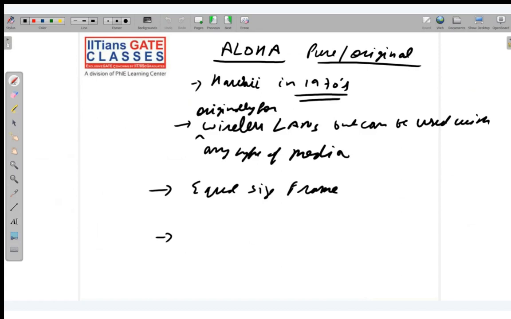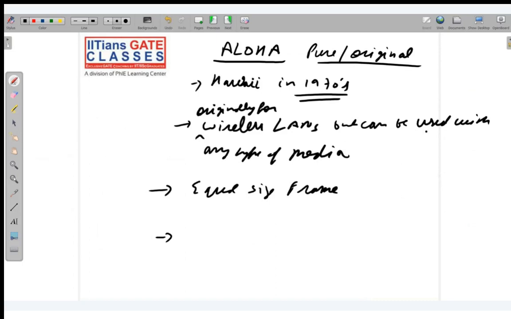That is, there is no fixed rule or procedure which will tell about when to send the data. So it's as simple as that.